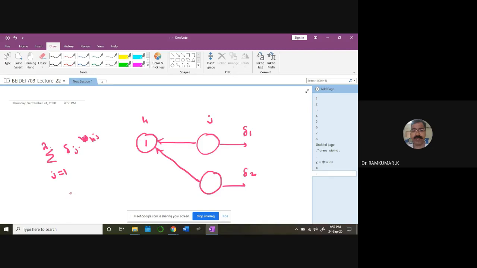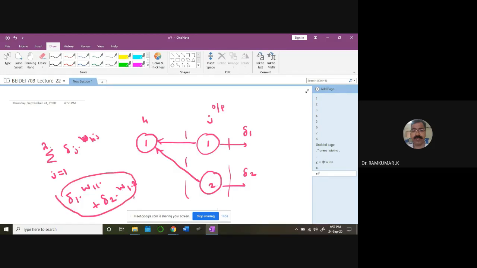It's going to be delta 1 w 1 plus delta 2 w 2. Here j is 2. This is the first neuron here, the jth index. So I compute it this way.